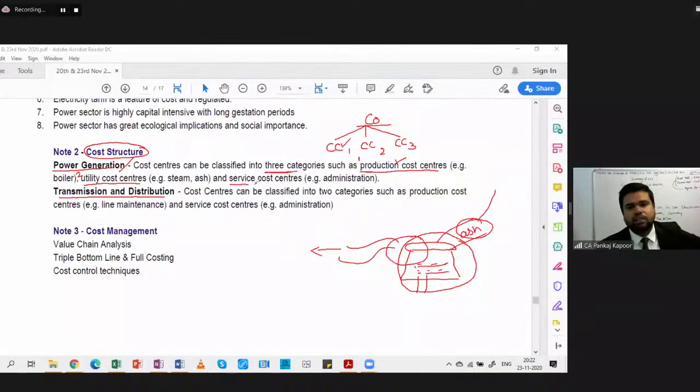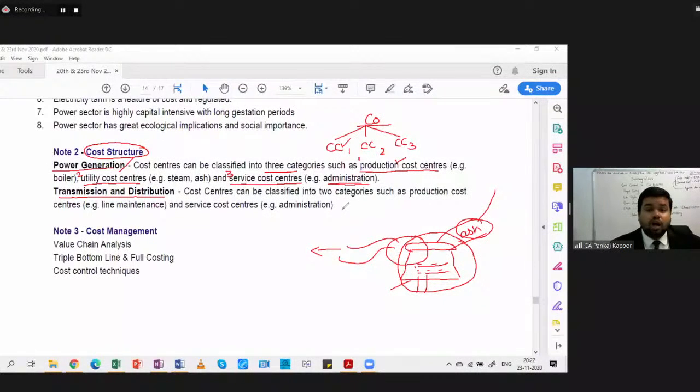Moving further, friends, the third category of cost center can be service cost center. Obviously, there is a need for a repair team who can repair and maintain this plant. So the administration and the repair team, or other similar functional services, will come under the service cost center.